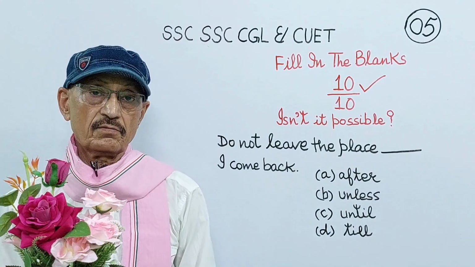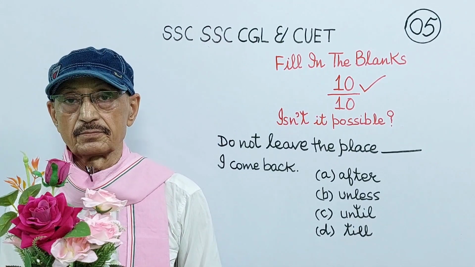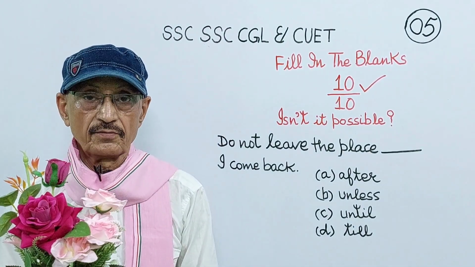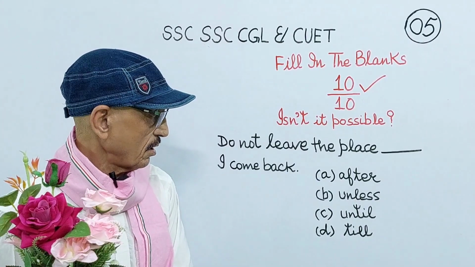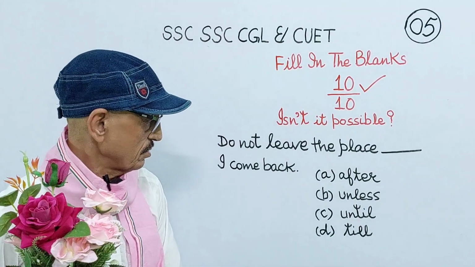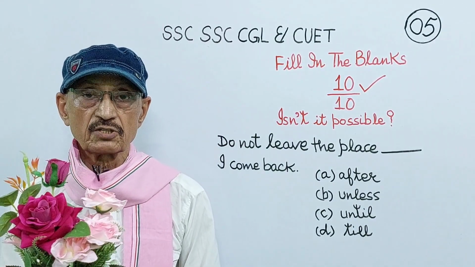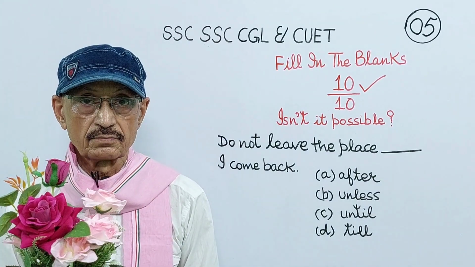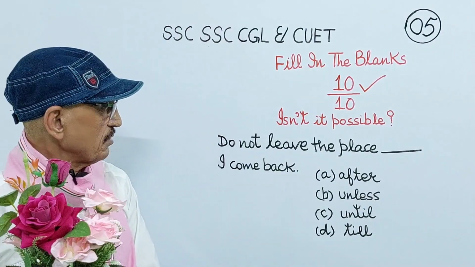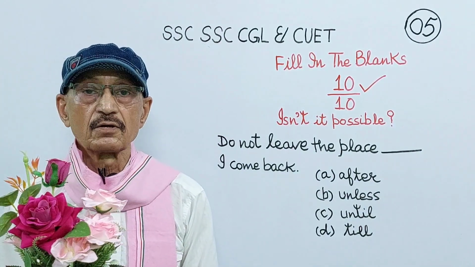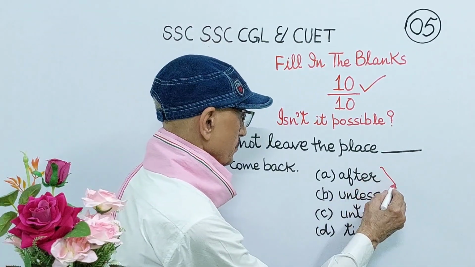Do not leave the place, blank space, I come back. There is a group of 4 alternative conjunctions here: after, unless, until, till. After is also a conjunction when it joins 2 sentences together. Let us try after. Do not leave the place after I come back. No, this is not giving a correct meaning, so this is wrong.